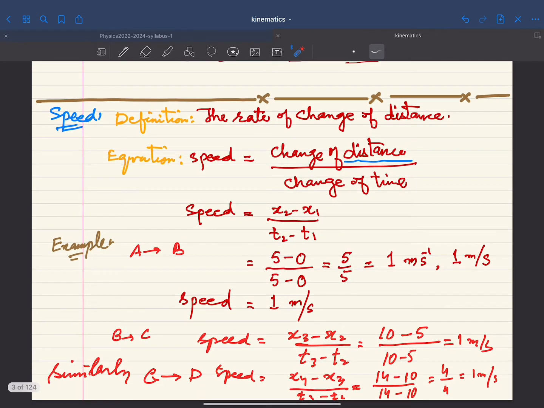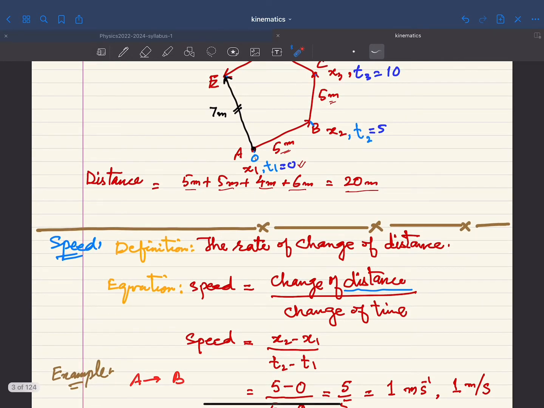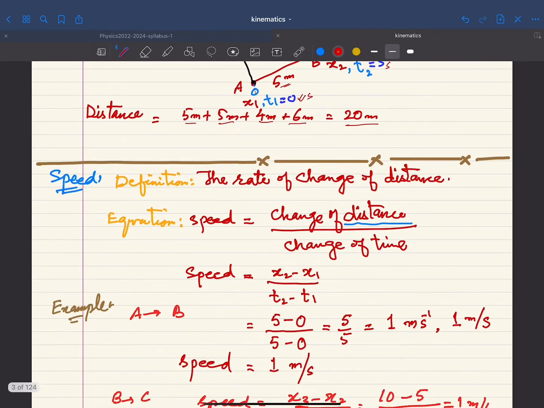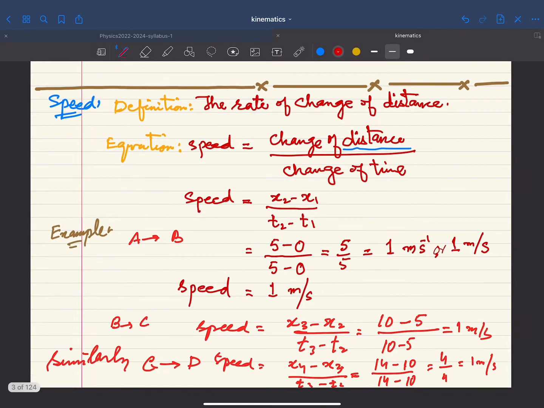So simply 5 minus 0 is x2 minus x1, and if the time taken during this is 5 seconds, from t1 equal to 0 to t2 equal to 5 seconds, the time interval is 5 seconds, and therefore we get the speed, which is nothing but 1 meter per second. So this is how you calculate your speed.